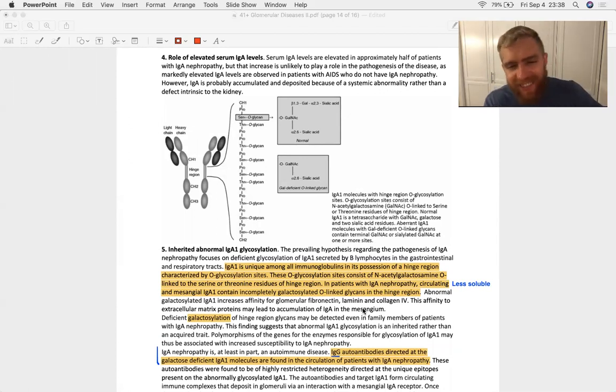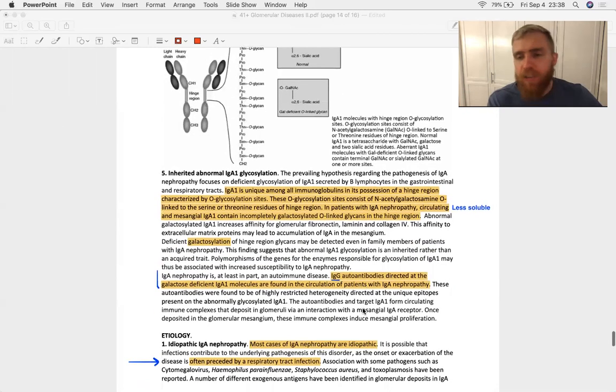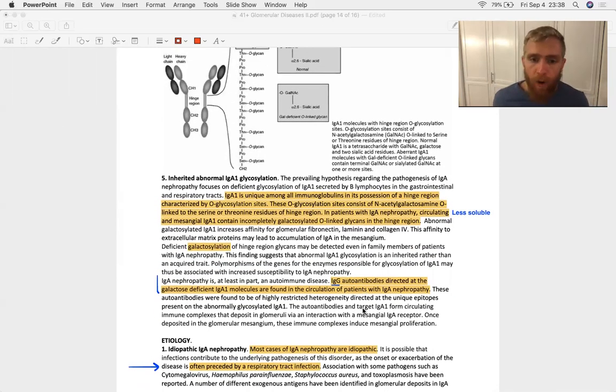Deficiently galactosylated IgA is going to be less soluble than normal proper IgA. And so because it's less soluble, when IgA floats around in your blood, gets around to your kidneys, and it's time to push it across the basement membrane, normal IgA goes through. But this dude who is improperly galactosylated is just not going to go through the basement membrane. He gets stuck because he's stiff.